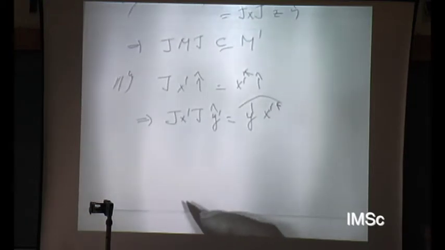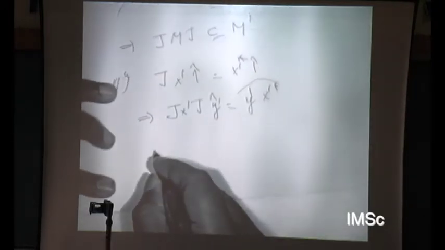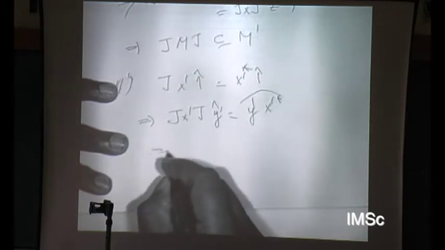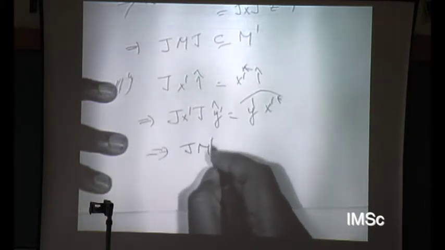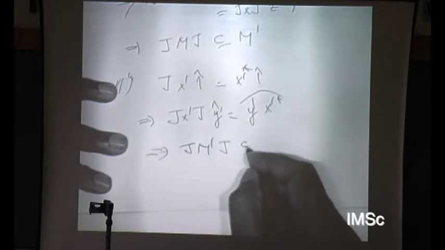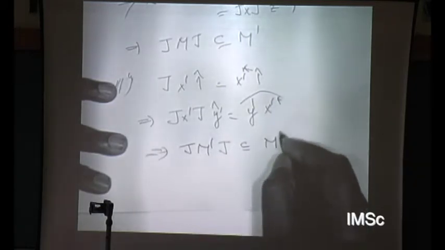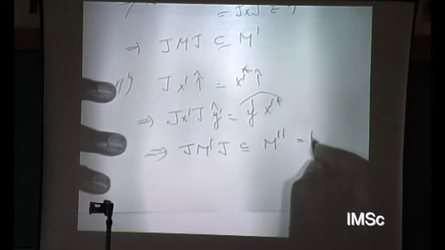And using the fact that 1 hat is cyclic and separating for M prime, one concludes from this that J M prime J is contained in M prime prime, which is M.